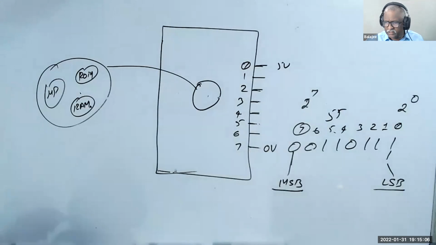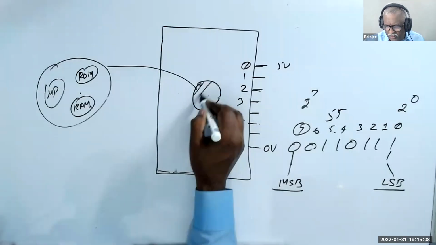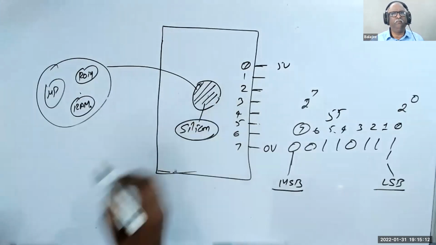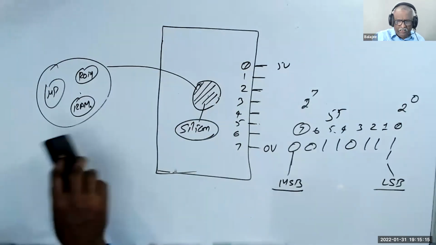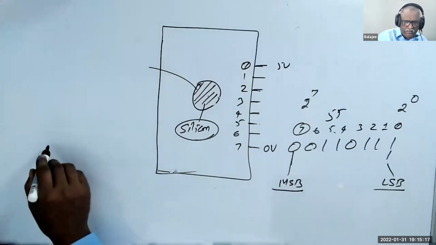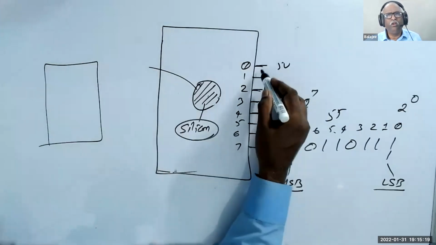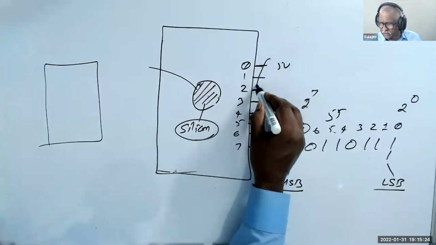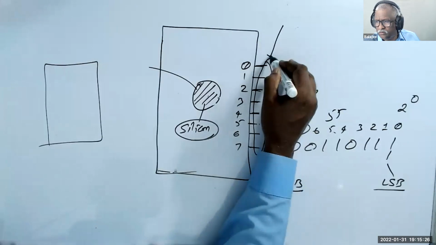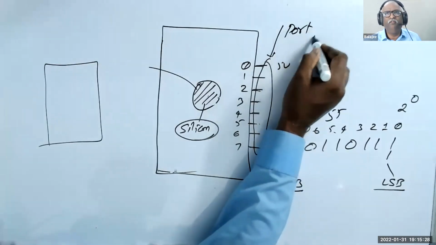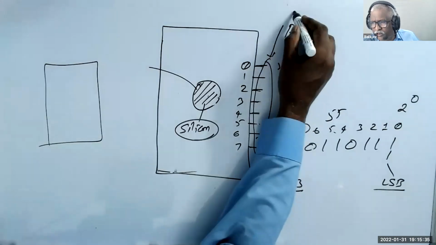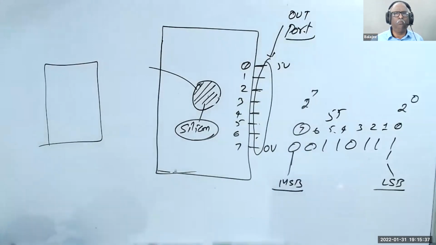And the beauty is, this whole thing is in silicon inside. If you get an IC, what is coming out is these 8 pins. These 8 pins only communicate with the outside world. We call these 8 pins a port. And this is called an output port because we are sending it out.